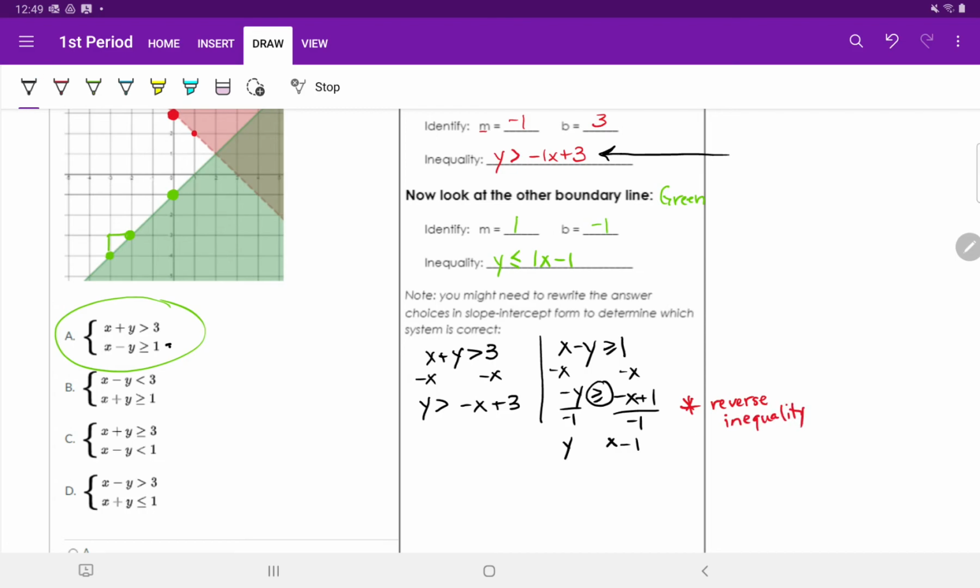So this becomes a less than or equal to. And look, this is the same as what we have. So actually, I've been able to determine that part A is my answer before I even have to do all of this work with B or C or D. So A is going to be our answer here.